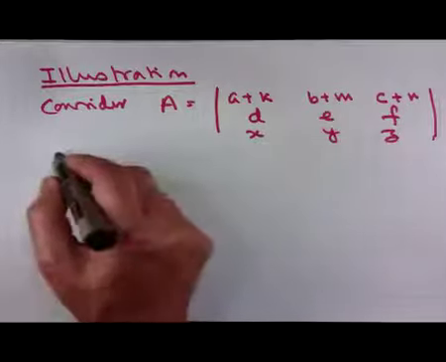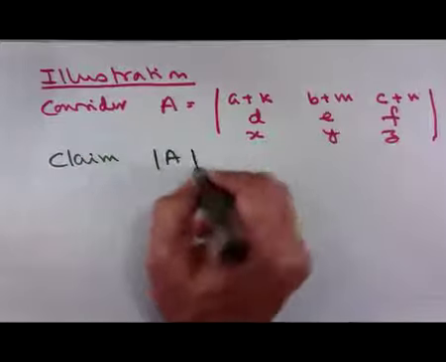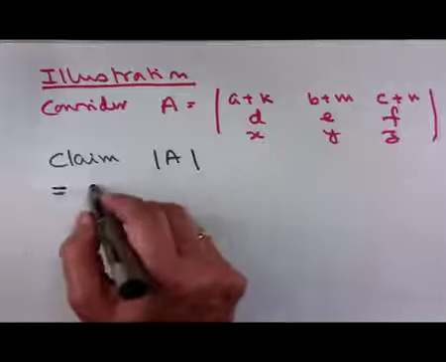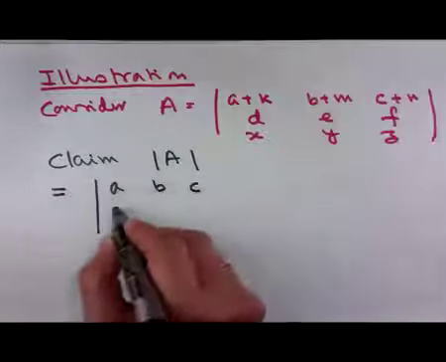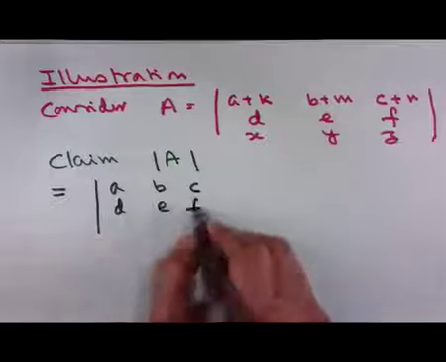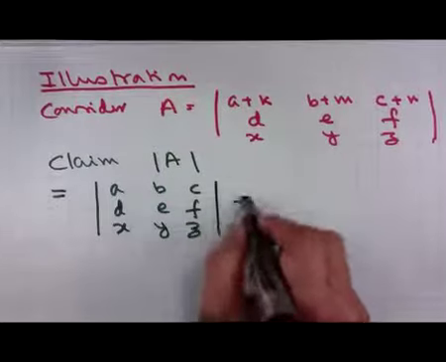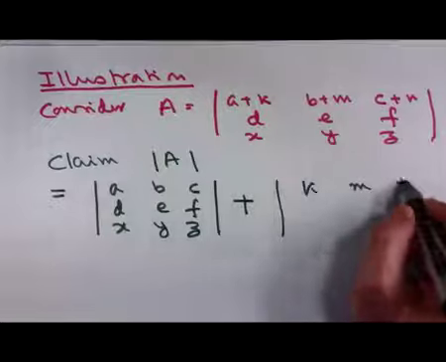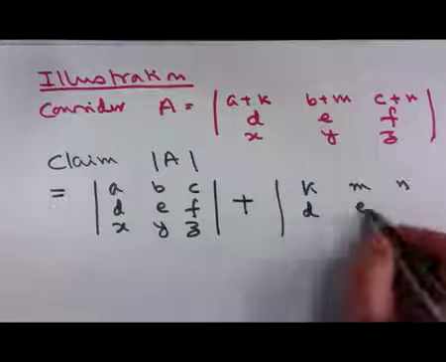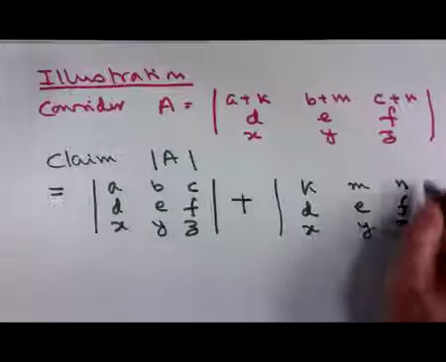We claim determinant of A is equal to determinant of A, B, C, D, E, F, X, Y, Z plus determinant of K, M, N, D, E, F, X, Y, Z.